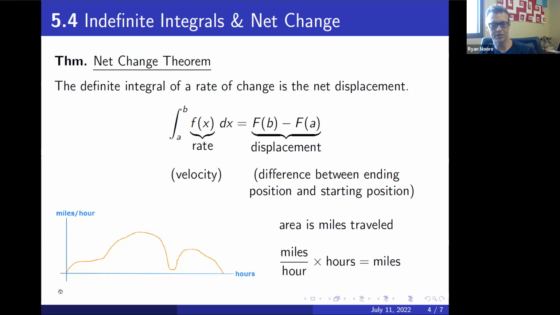You can see here on the y-axis, we've got miles per hour, and on the x-axis, hours. So this graph tells you how fast something is moving at any given time. You might think of this as being like a long car ride or a trip across town, maybe further than that.